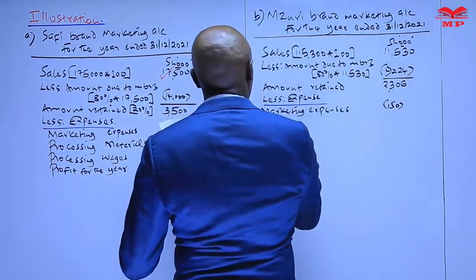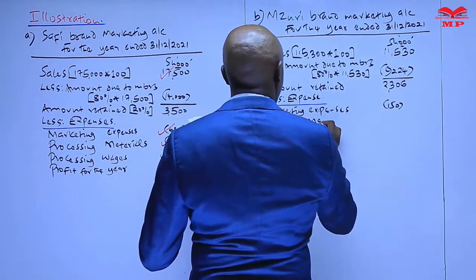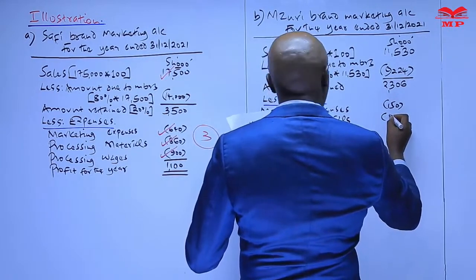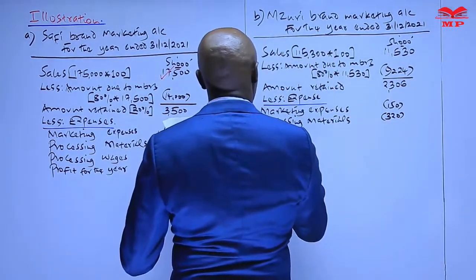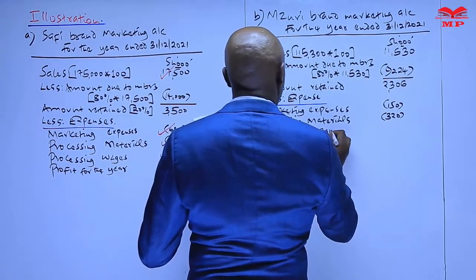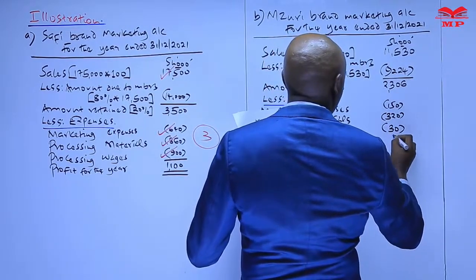And then we have processing materials, an amount of 320. And then we have processing wages, which is an amount of 30.